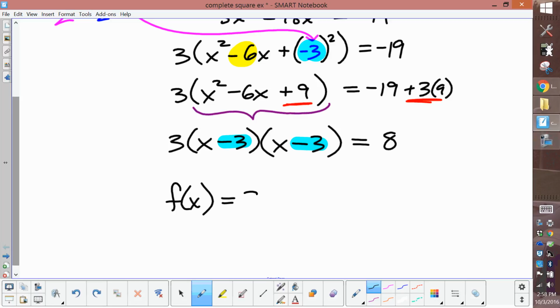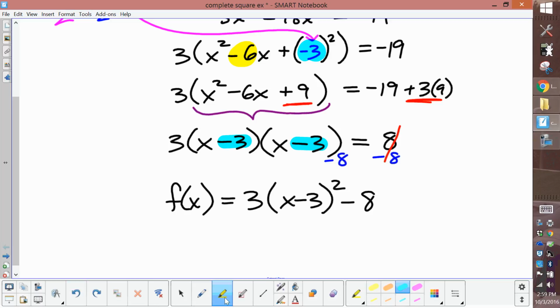I've got 3 times, I can put these together since they look identical, and say x minus 3 quantity squared. And then the last step is I'm going to move this 8 back over with the rest of the math, and I would have minus 8. And this is my final answer in vertex form.